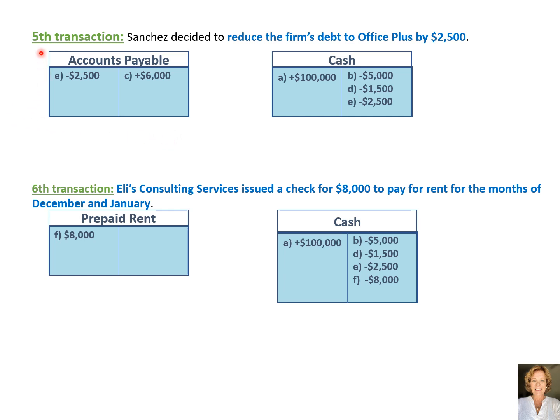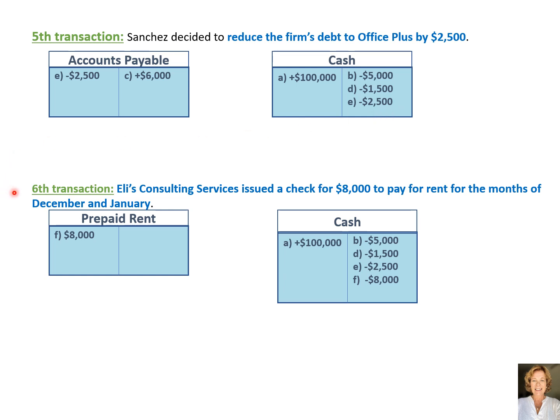Remember, accounts payable is a liability, and liabilities increase on the credit side and decrease on the debit side. So we're going to debit accounts payable for $2,500 and now reduce the accounts payable. We also decreased our cash account, and cash is an asset account and decreases with credits. Therefore, we're going to credit cash by $2,500.